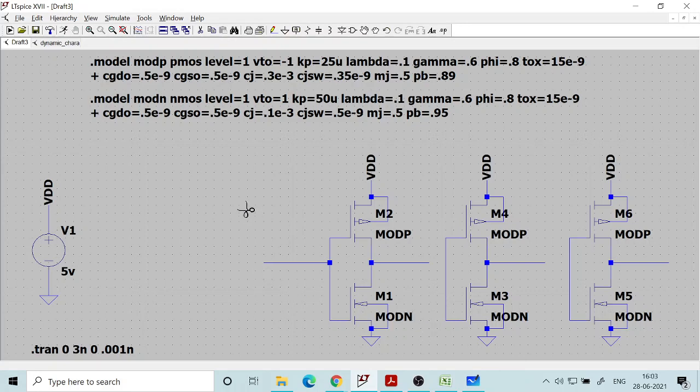Then what I'm going to do is take a wire and connect the output of the first to the second, output of the second to the third, and the output of the last I'm going to connect to the input of the first.